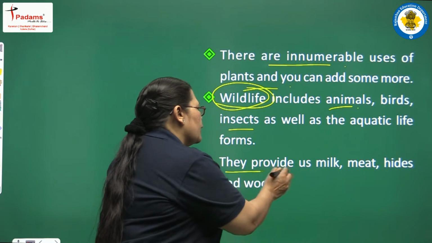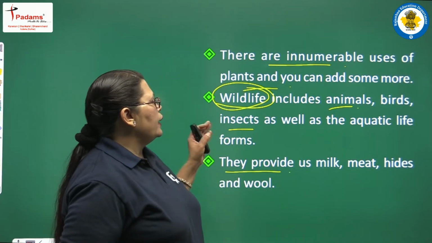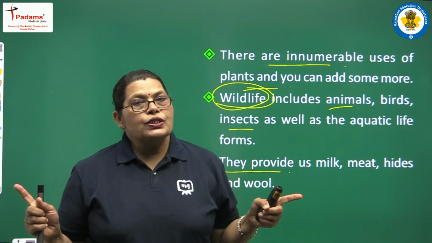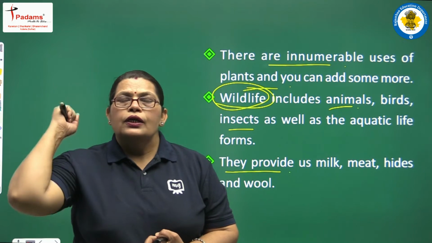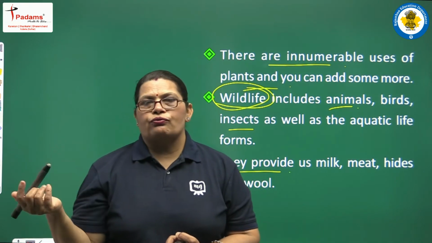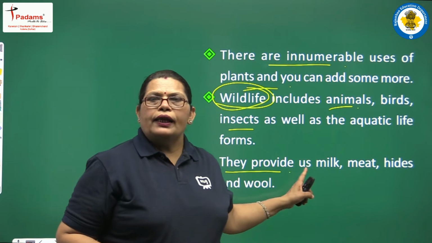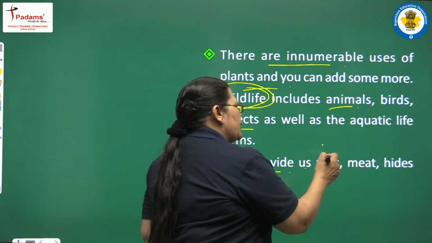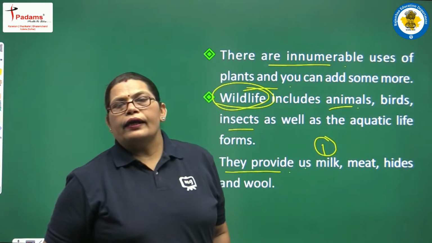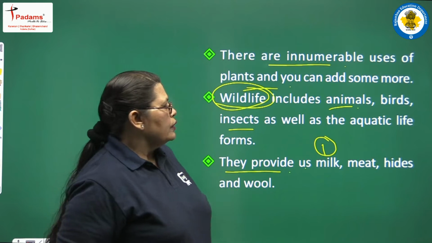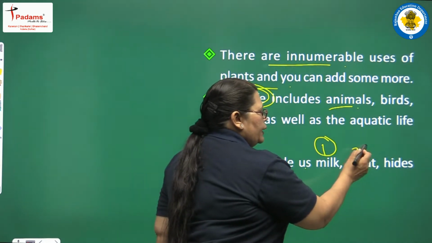See here, these animals, these wildlife resources provide us first of all milk. Milk is totally essential for all of us, and our morning starts with milk. So this milk is provided by whom? By the wildlife. And next is meat.